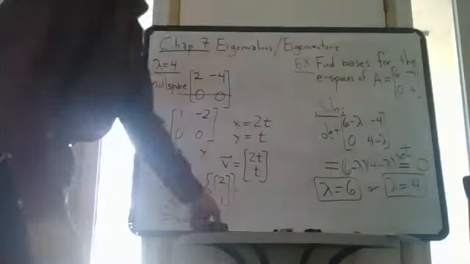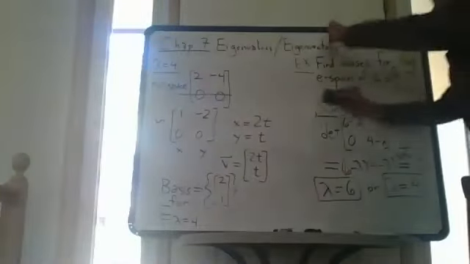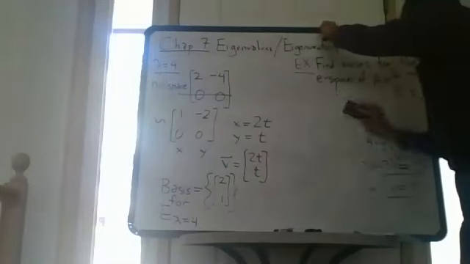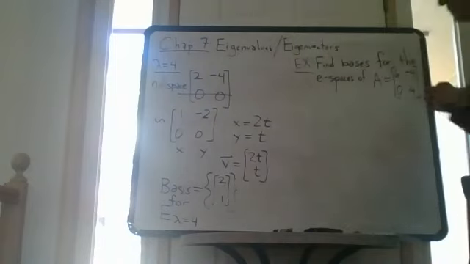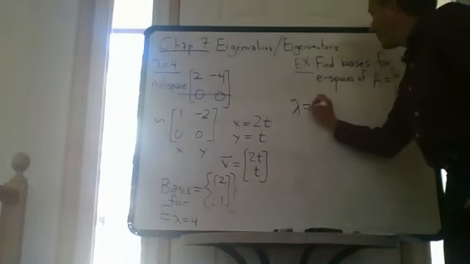Okay, now we have another eigenvalue to do. I'm going to go ahead and erase this determinant calculation here so that I have room to write the next part of it. Lambda equals 6.